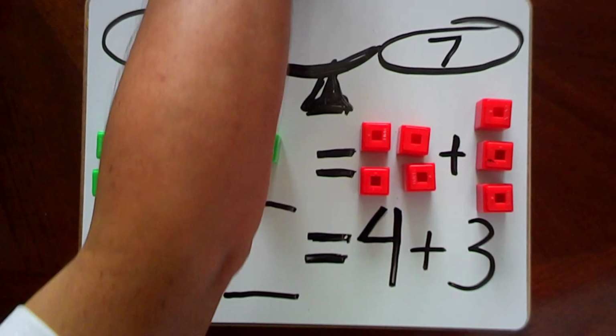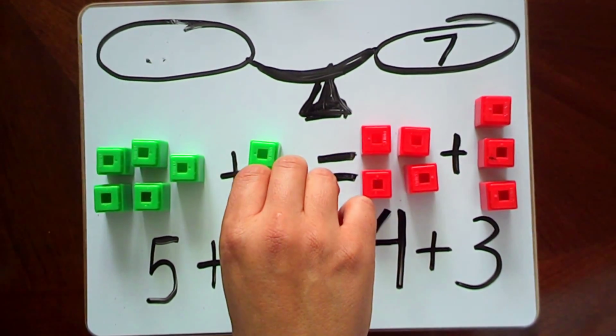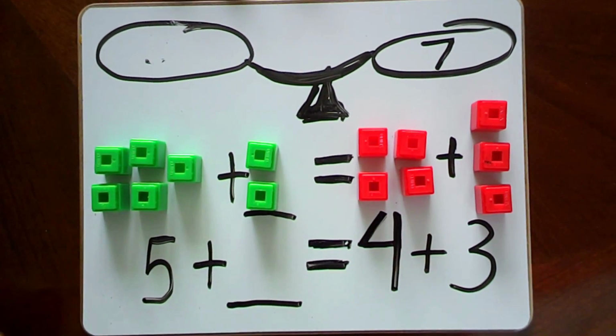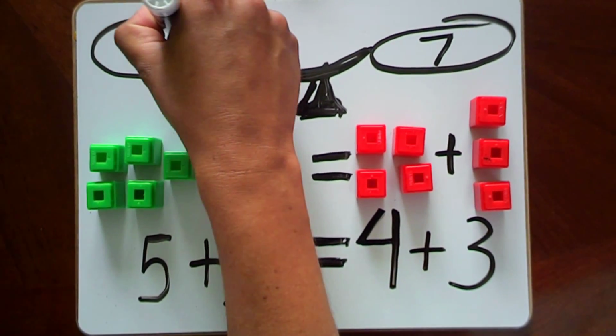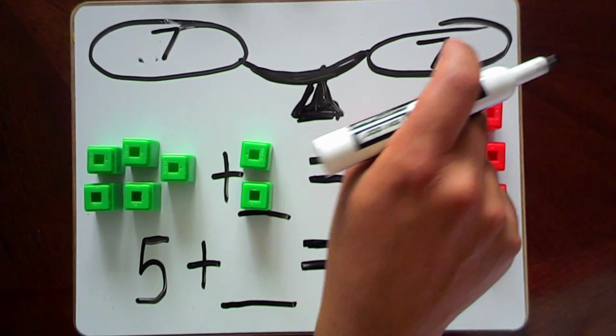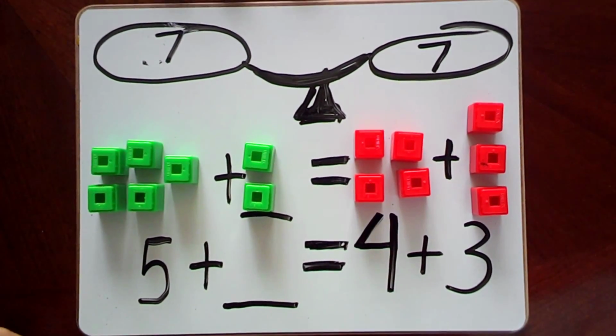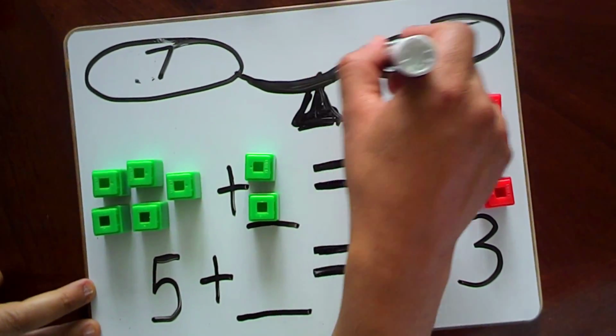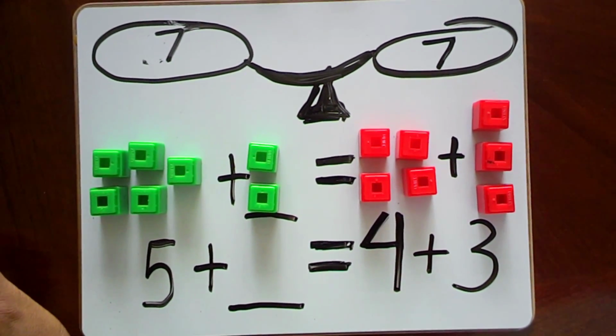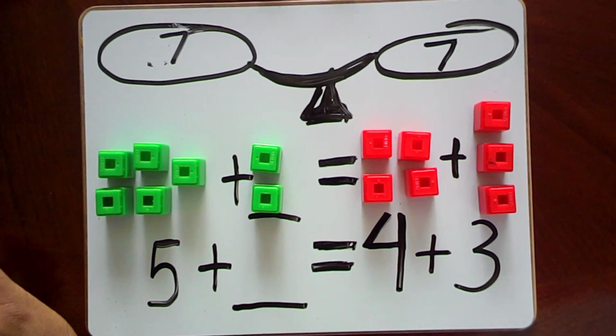Okay, but if I add one more, now 5 and 2 makes 7, just like the right side, just like the one with the red ones. So now we can say that 7 is the same as 7. So our balance scale will look even.